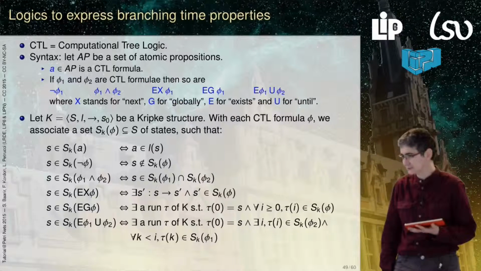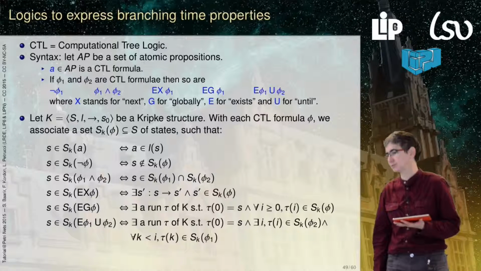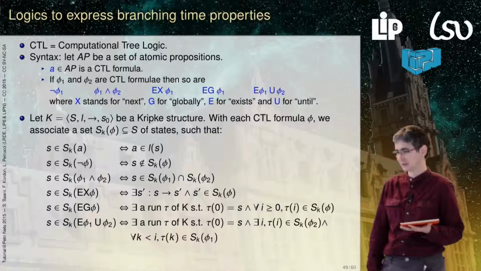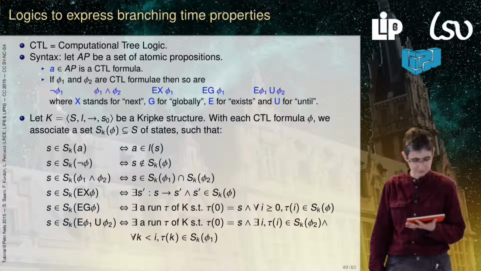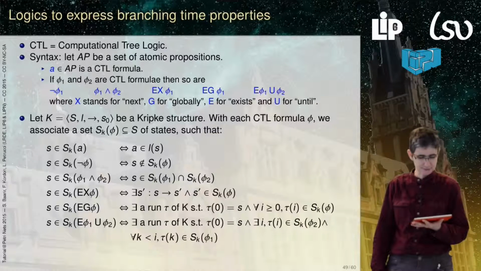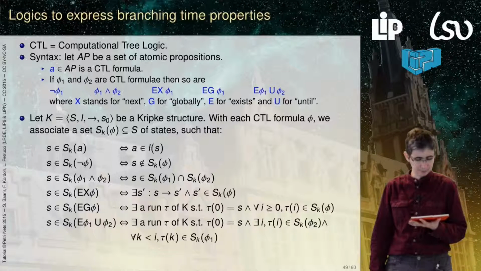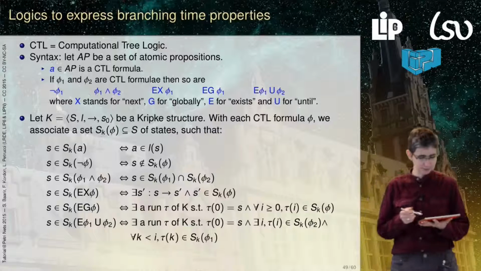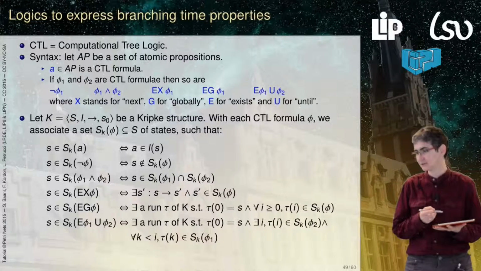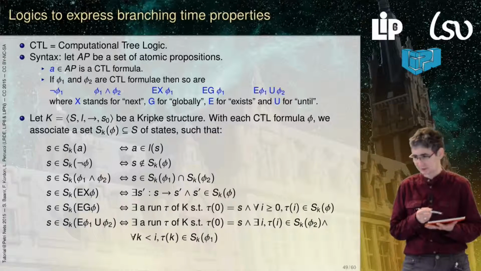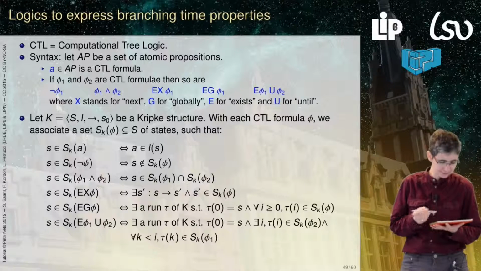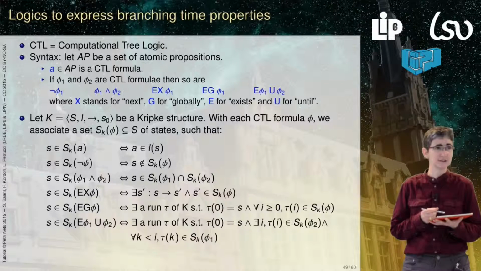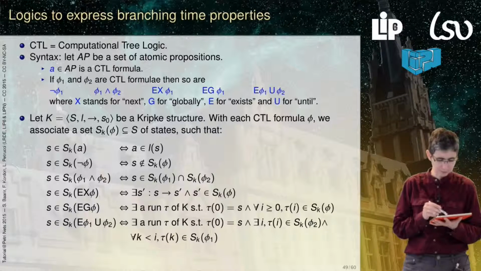phi2. So similarly to what we did for LTL, we can associate with a CTL formula the set of states that satisfy the formula. A state satisfies an atomic proposition if the atomic proposition labels this state. It satisfies the negation of a formula if the state is not in the set of states satisfying this formula.